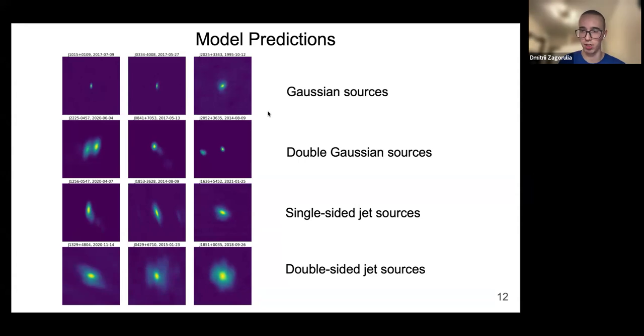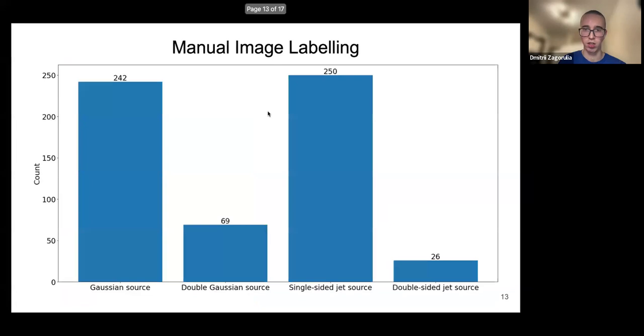But to actually quantify the quality of our model predictions, we developed a small website service for manual image labeling. We cannot manually label 130,000 images, but we can manually label around 600.